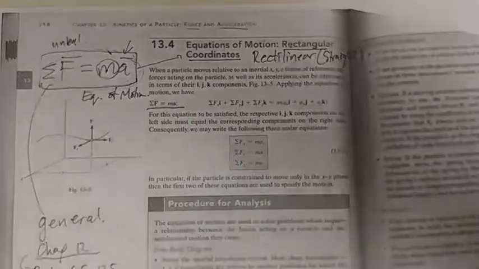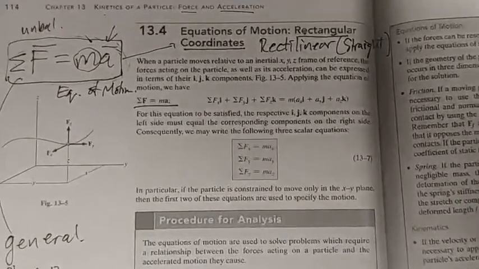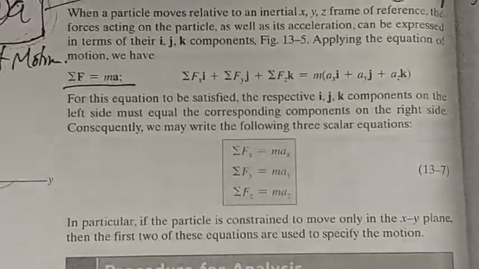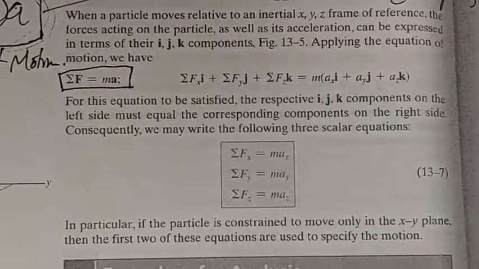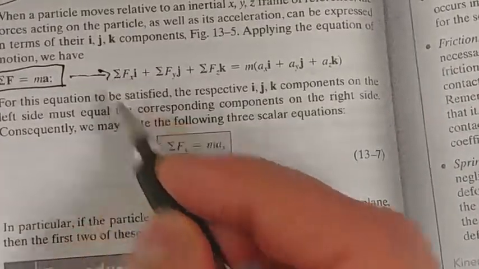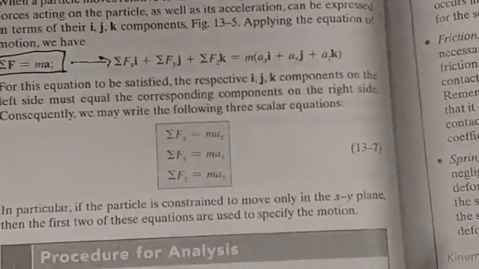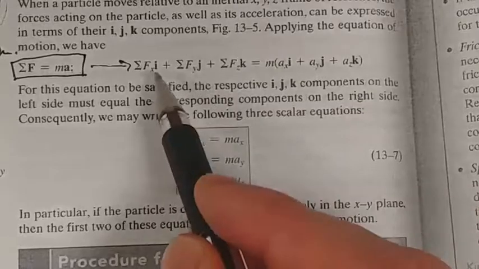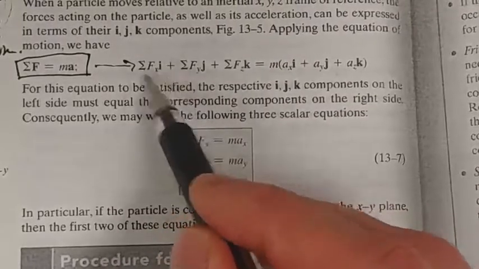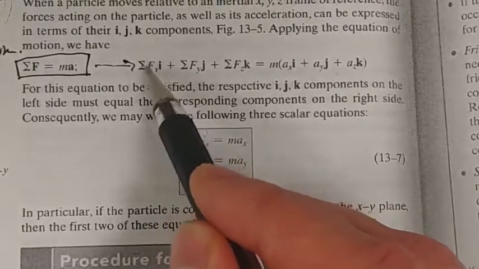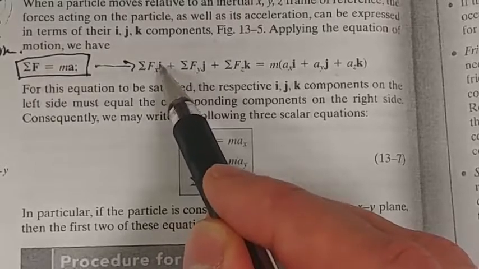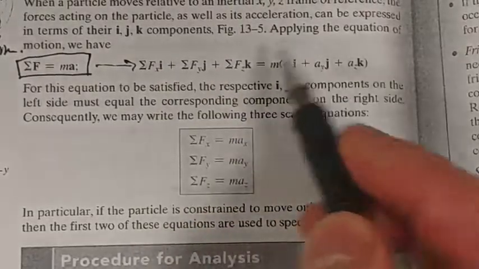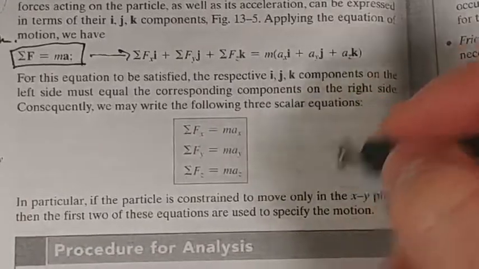Okay? So let's have a look here. Let me try to just zoom in a bit. So there is your equation of motion. It looks general. We don't know what coordinate system it's in. But then let us convert it into essentially the rectangular coordinate system, which is this. All we're saying is all the x forces times the unit vector i, and we carry this out, and we end up with this.